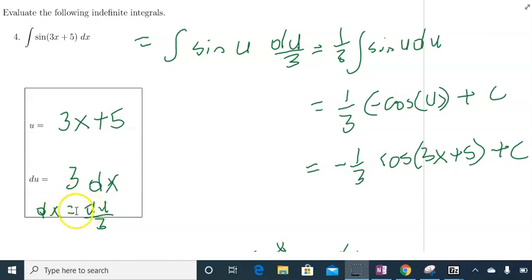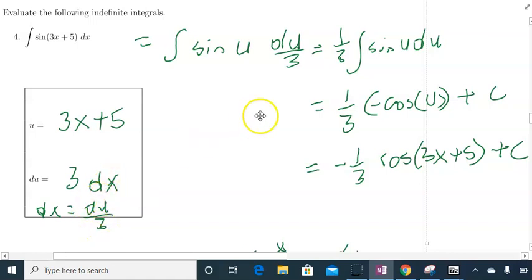And what I love to do also is to write an expression for the dx. In this case, it's going to be equal to du over 3, and then I'm going to put all of this du over 3 back into the expression, and so that helps. All right, so we're going to make this now equal to sine of u, replacing the 3x plus 5 with u, and then by du over 3.